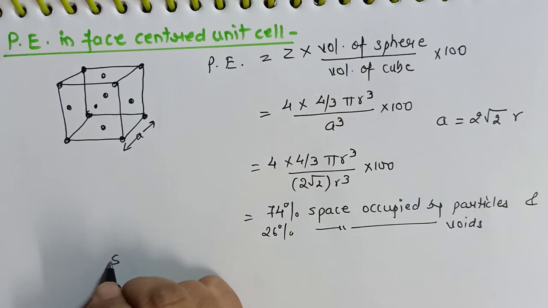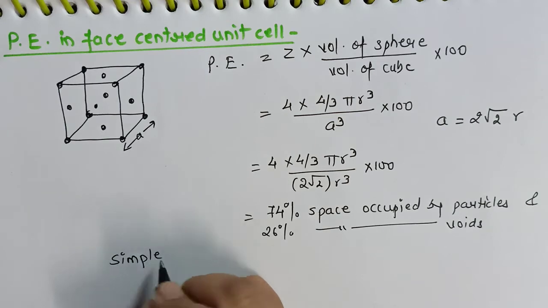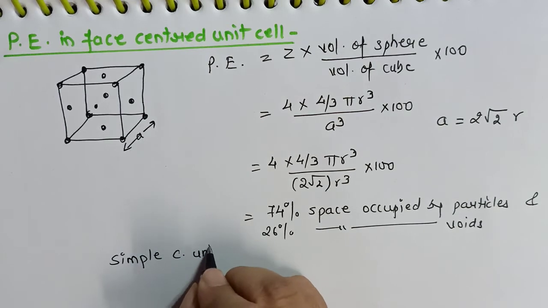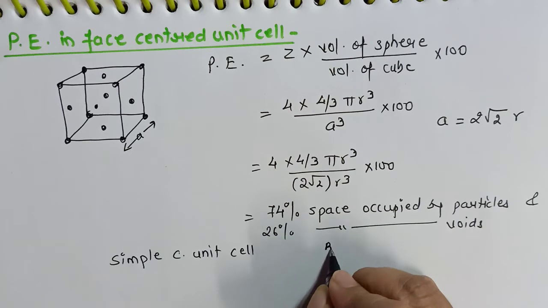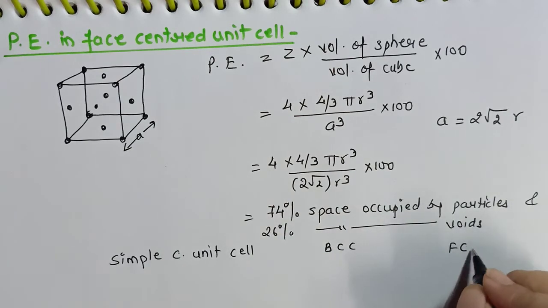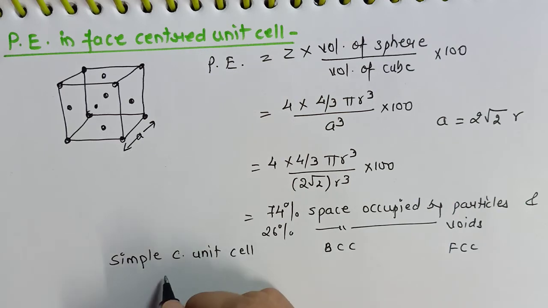That means if I see for simple cubic unit cell, body centered cubic unit cell and face centered, if we compare all these unit cells, in simple cubic unit cell, 52% of the space is occupied by the particles. That is 52% of the crystal lattice is tightly packed.